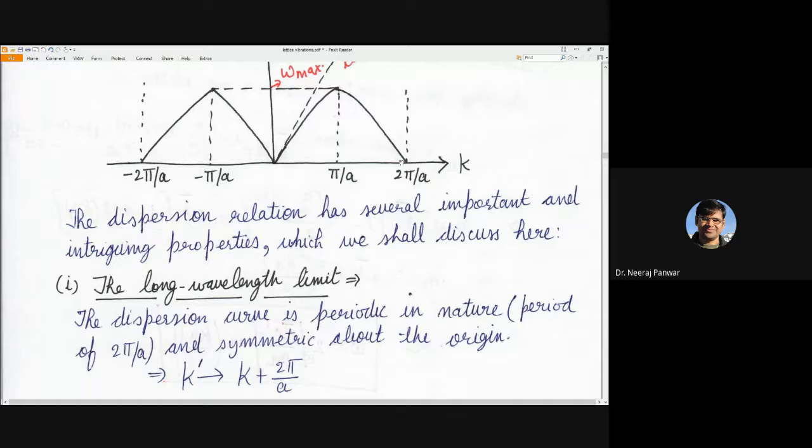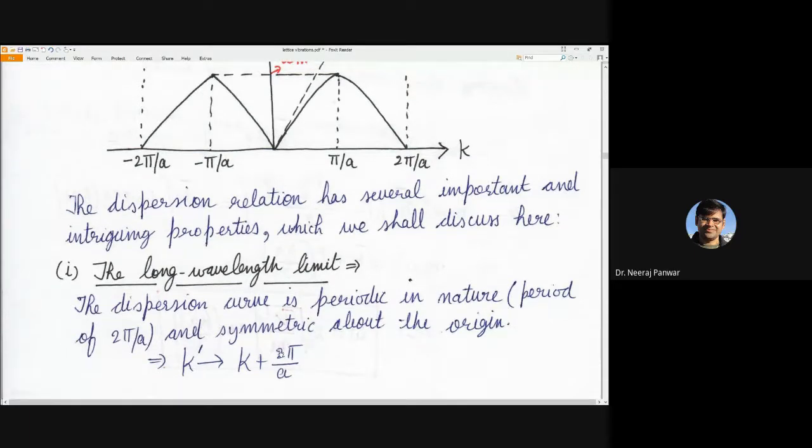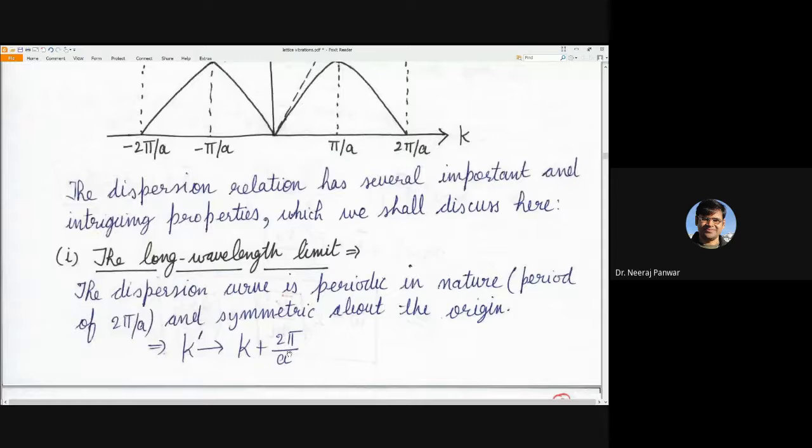This part of the second Brillouin zone is analogous to this part in the first Brillouin zone, and these parts are related to each other through a reciprocal lattice vector given by 2 pi over a.